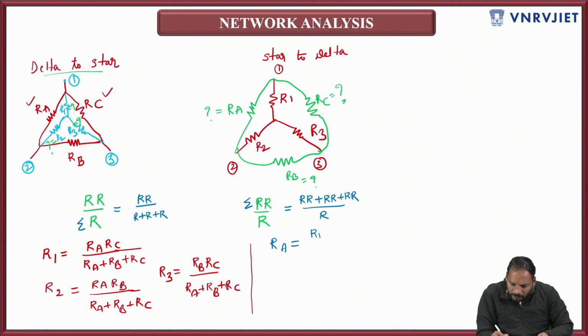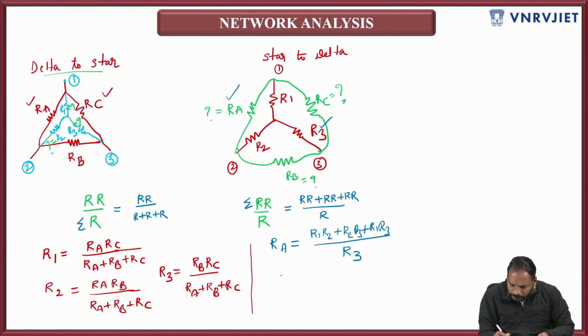That means R1 R2 plus R2 R3 plus R1 R3 divided by the single resistor, which must be opposite to RA. So what is the single resistor opposite to RA? R3. So this is something like R3. This is how very easily you can convert a star network into a delta network, right?